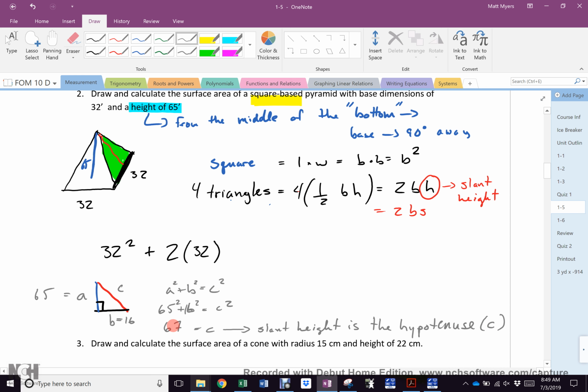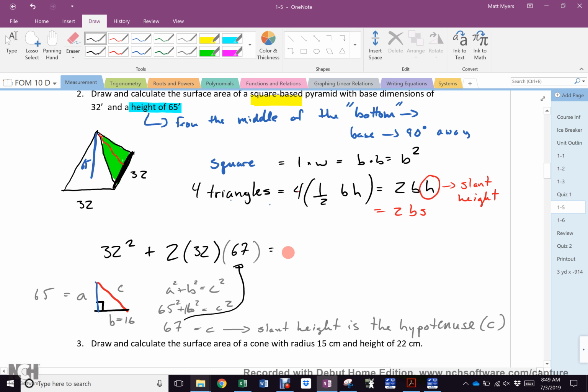So now that we know this is 67, what can I write right here where I had slant height? Where can that 67 go now? Goes right in there for the S.